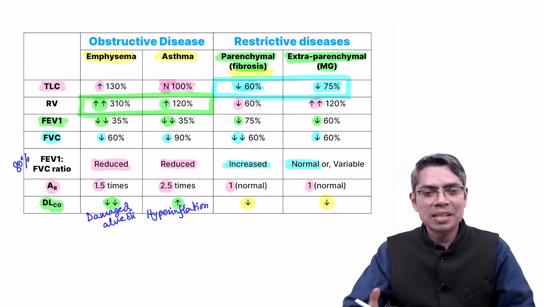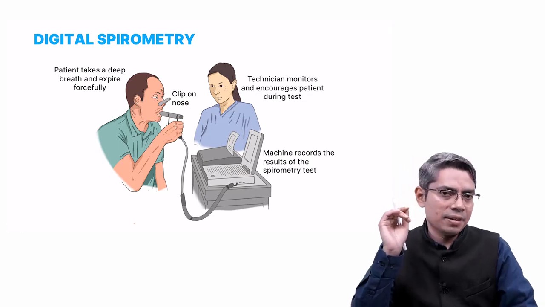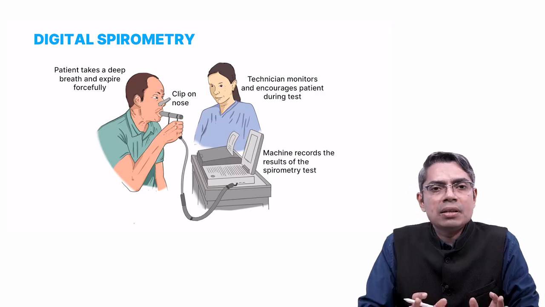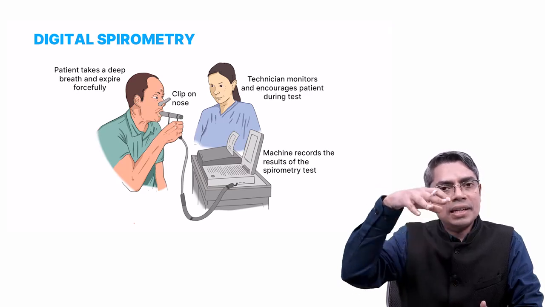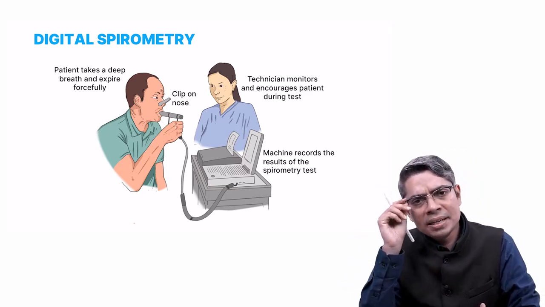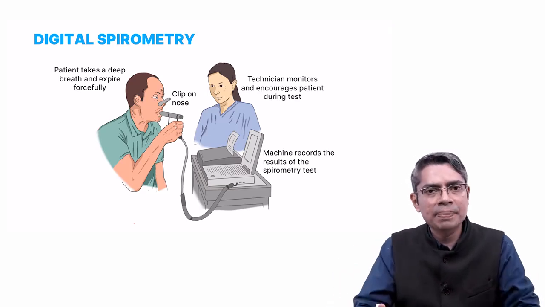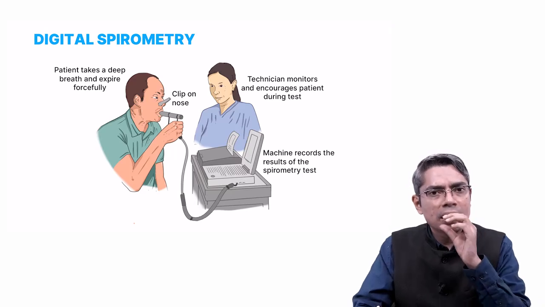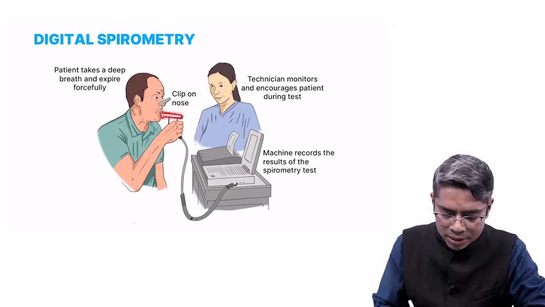Now, after understanding all of this, we are going to look at the digital spirometer. So far we have discussed the normal spirometer, where the air drum was inside a water jacket. But in the digital spirometer, this arrangement is not there. There will be a computer screen and a small mouthpiece, and in that mouthpiece the sensor will be there. In this diagram, as you can see, this is the mouthpiece.